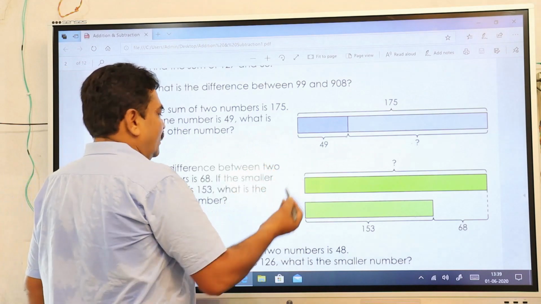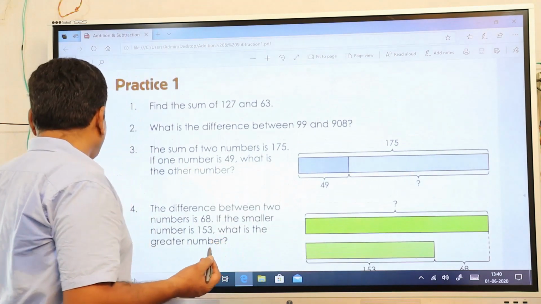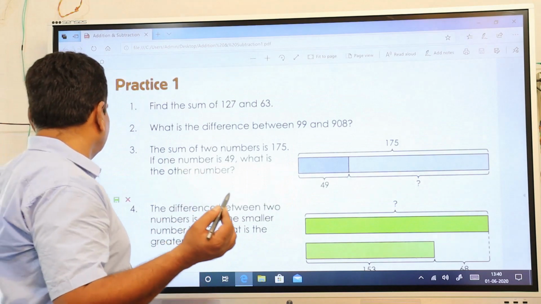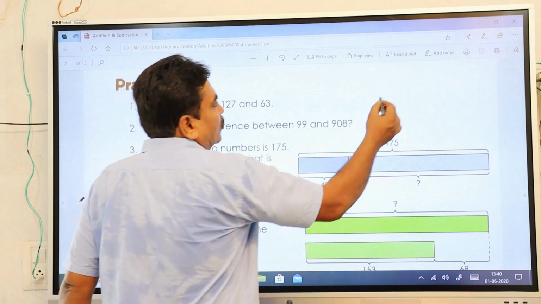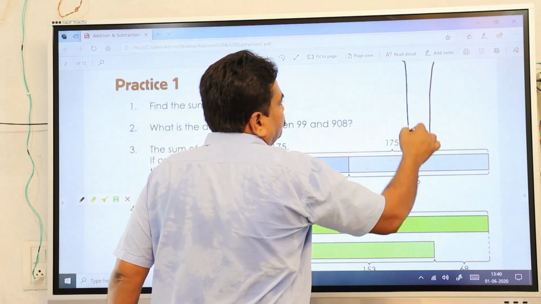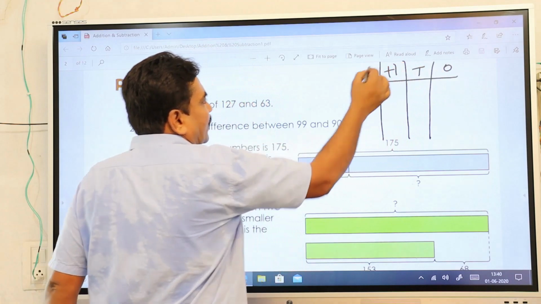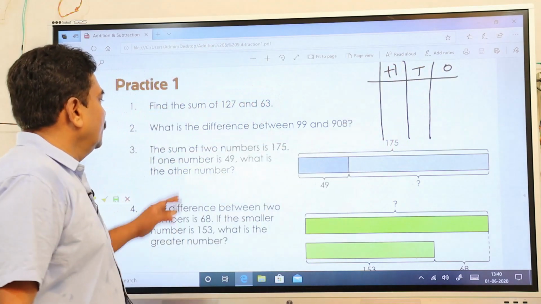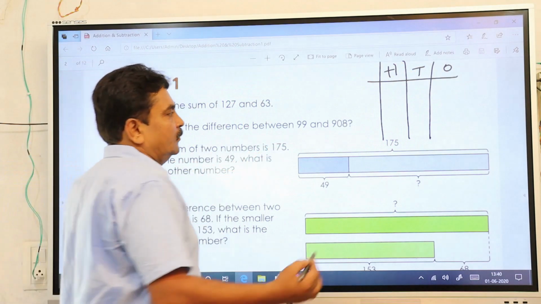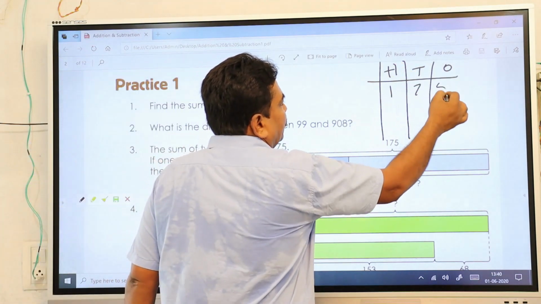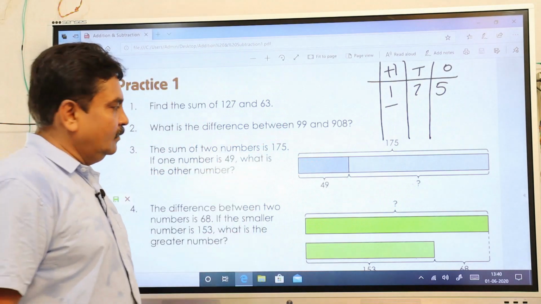So for that again we will draw ones, tens, hundreds. Okay, 175 minus 49.